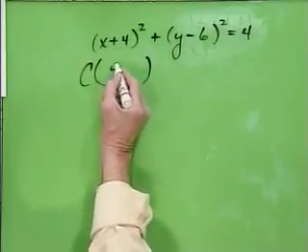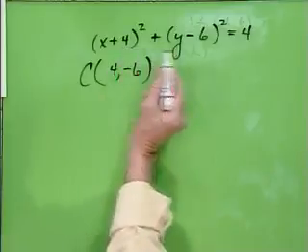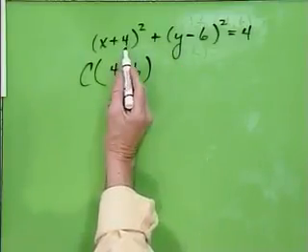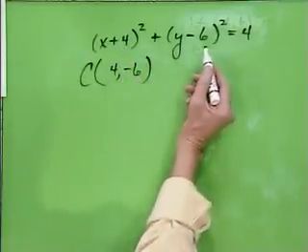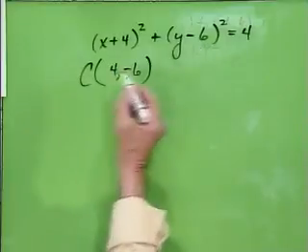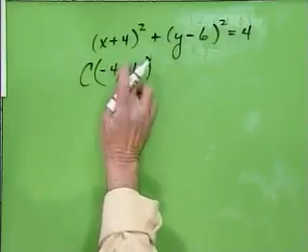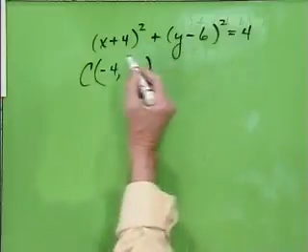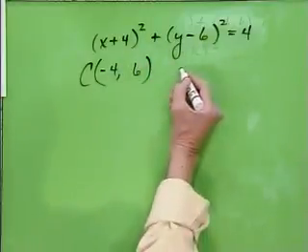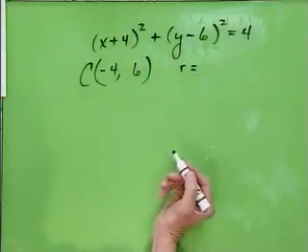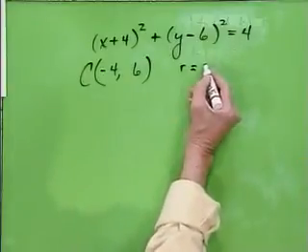Very good. It's not 4, -6 because h and k were subtracted. So -4 was subtracted here. 6 was subtracted. You wrote it wrong. Oh, I wrote it backwards, didn't I? Yeah, I got it exactly backwards. -4, +6 is the center. And what is the radius? 2. 2, yes, because this is the square of the radius.